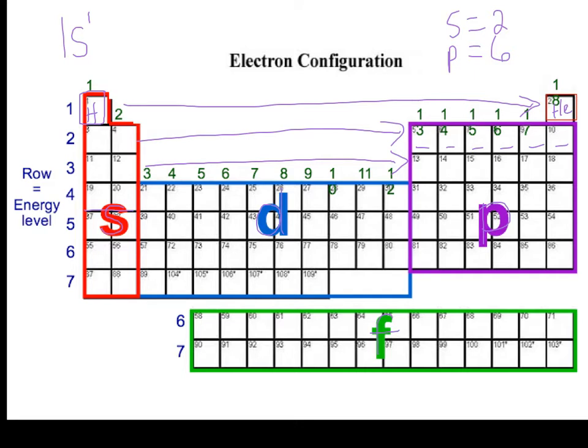And the D and the F orbitals are a little bit different, and I'll show you that on the next slide. But you'll fill in this orbital first and then move over to the 4P. So you just keep filling in as you go down, and based on where that electron is found on the periodic table, you can look at this and it'll tell you which orbital and which energy level it goes in.